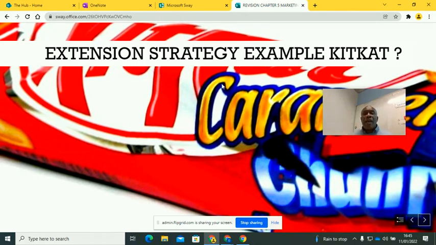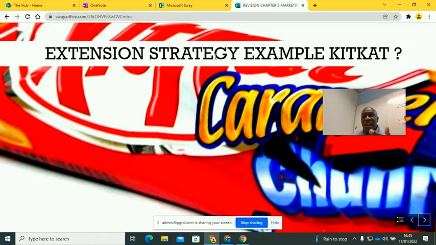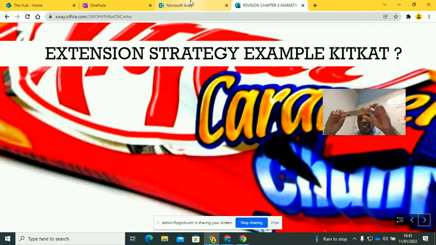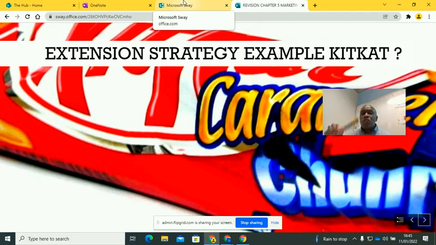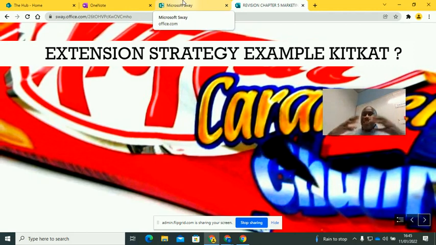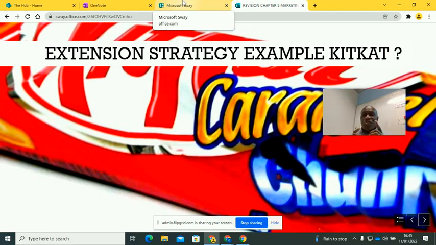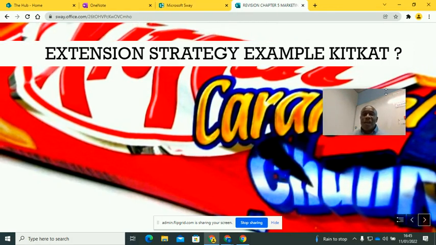And then they decided to do an extension strategy. You have caramel chunky and my favorite, peanut Kit Kat chunky, which I'm going to eat after this. So that's how they've managed to extend Kit Kat, and that's a great example of an extension marketing strategy.